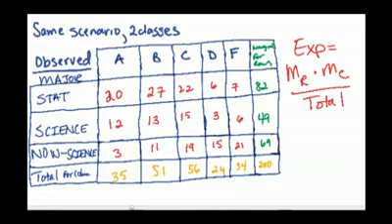Today we're going to be looking at a test for independence using contingency tables and chi-squared.